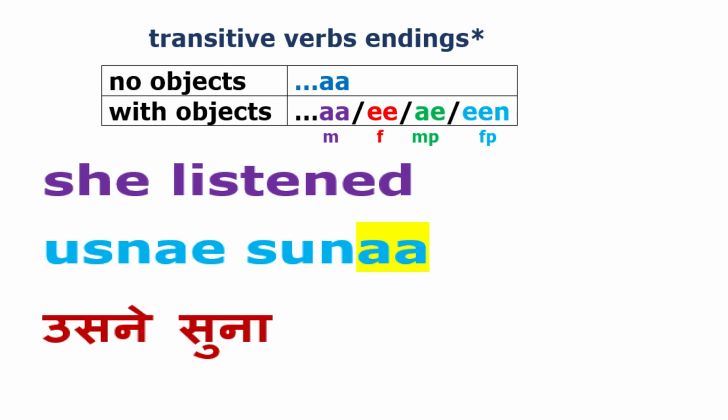But in the case of a transitive verb, you cannot make out if it's he or she. But because we are talking about she, we use usne suna. But if we use just this, people can also understand that he listened. So usne suna can be she listened or he listened.